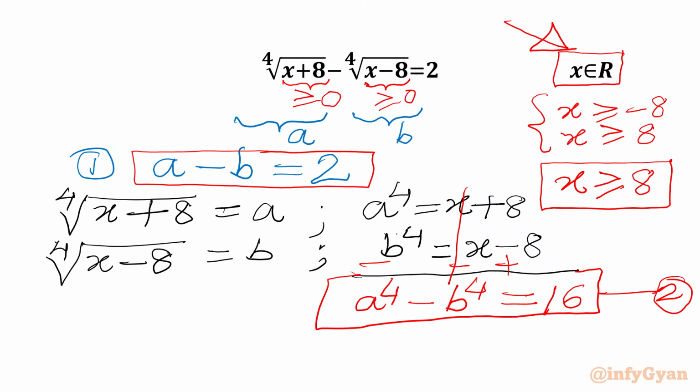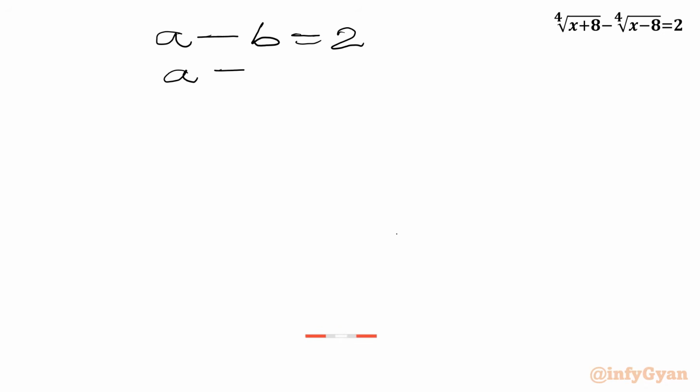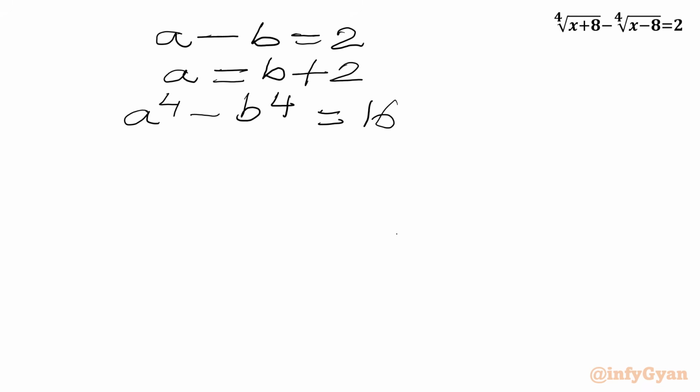Now from the first equation, a minus b equal to 2, I will take minus b to the RHS and write a equal to b plus 2. Now we have the second equation, a power 4 minus b power 4 equal to 16.